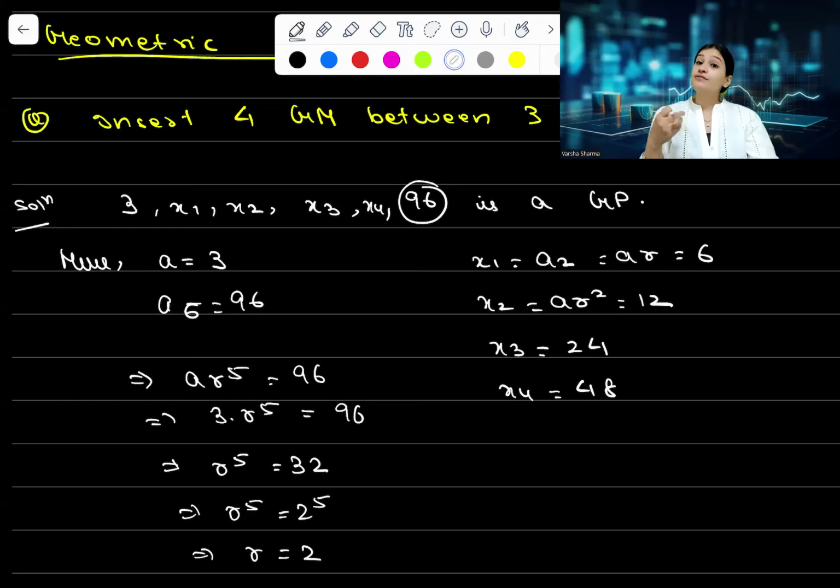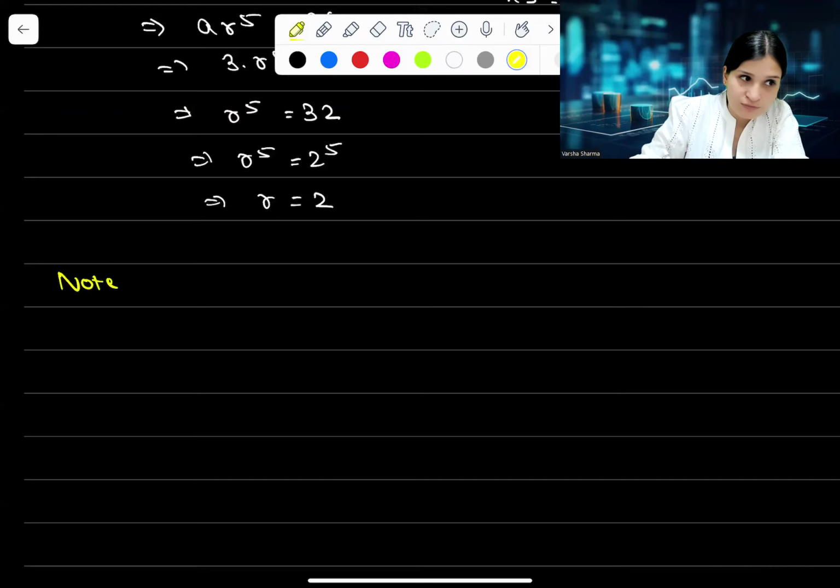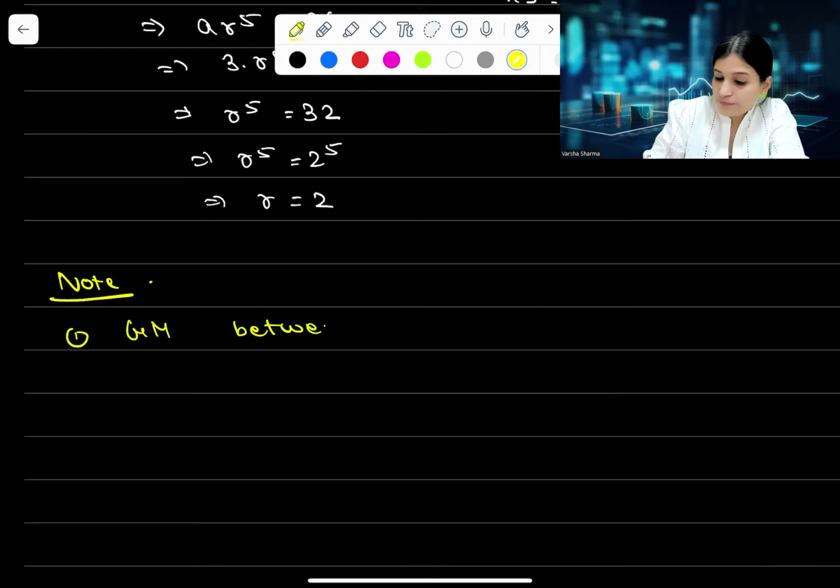But if I only want to find one AM or one GM, what was the arithmetic mean of A and B? When I say arithmetic mean, I'm talking about only one arithmetic mean. So what was the formula for the arithmetic mean of A and B? That was A plus B by 2. Now here, if I have only one geometric mean between A and B, so A, x and B are in GP.